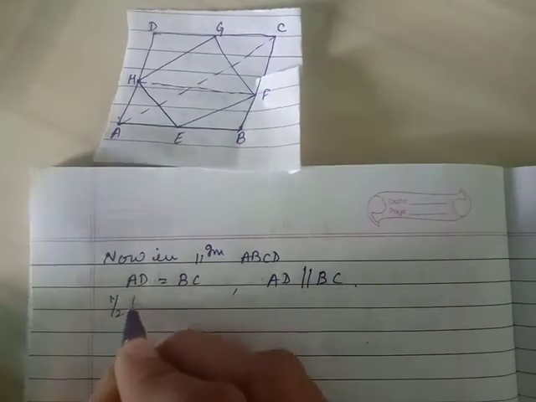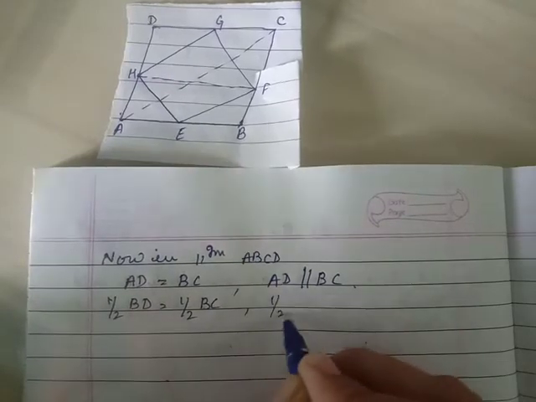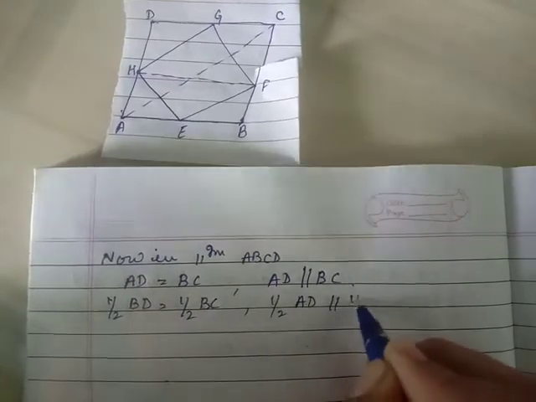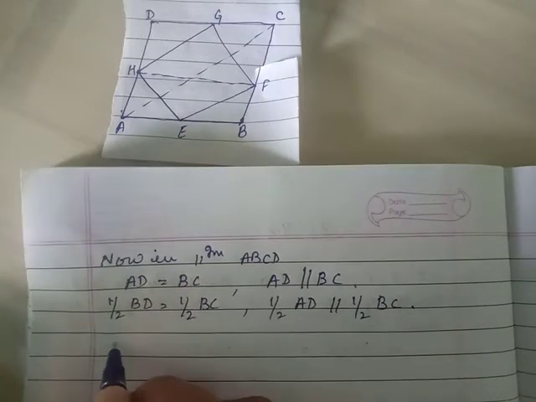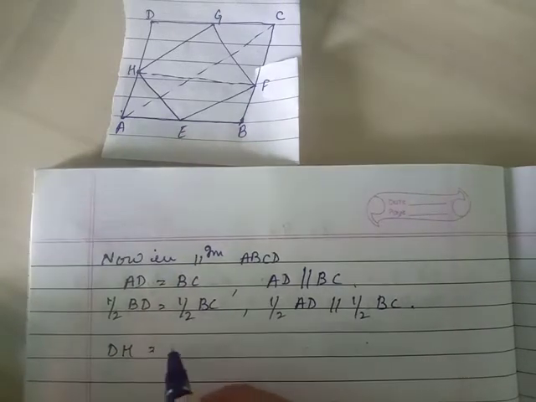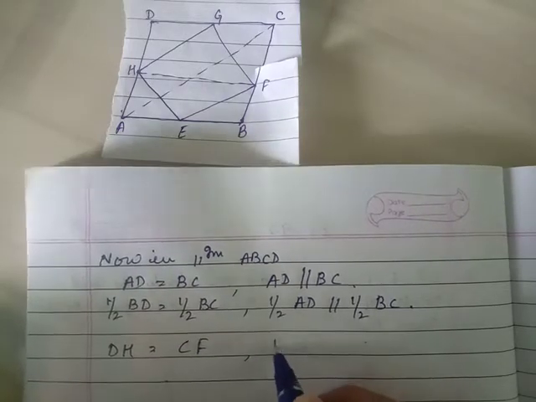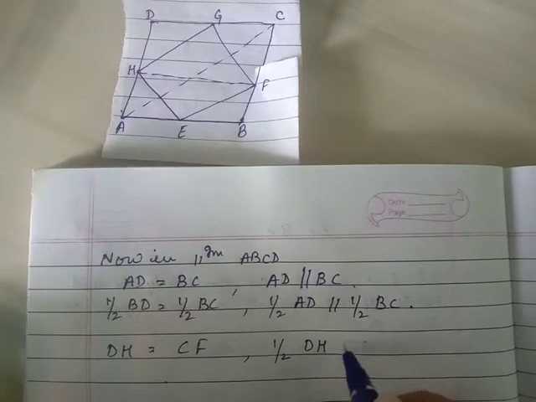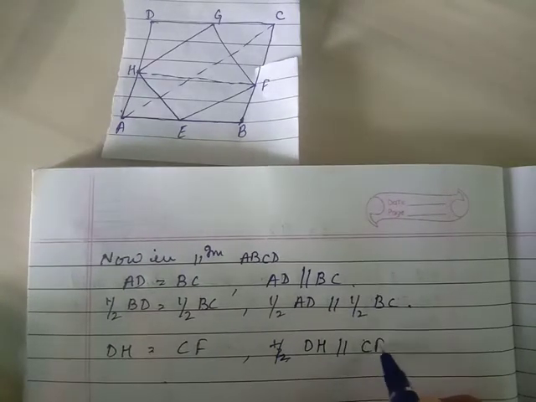So half of AD is equal to half of BC and half of AD is parallel to half of BC. Half of AD is DH and half of BC is CF. Same here, DH is parallel to CF.